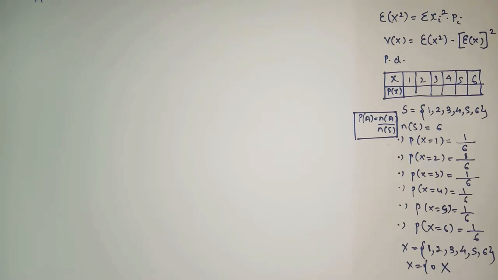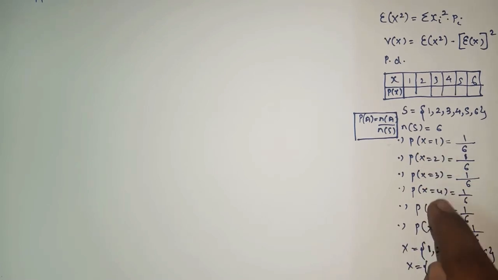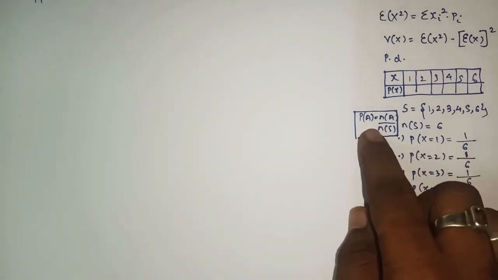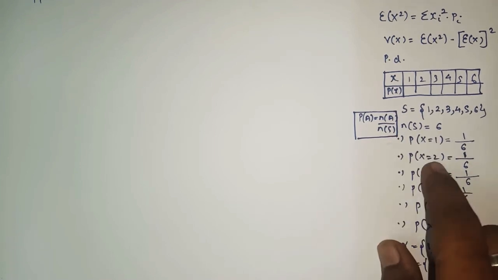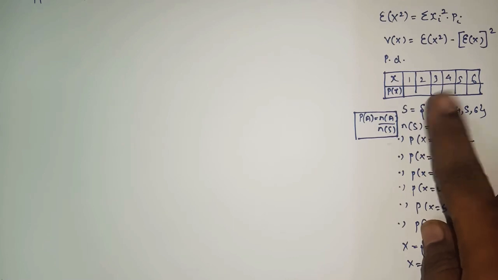Just now we saw that for each and every event, when you get the probability of 1, 2, 3, 4, 5, 6, the probability will be equal. Because the formula for probability is what? n(A) upon n(S). For the particular event, probability of getting 1, 1 will appear only one time.